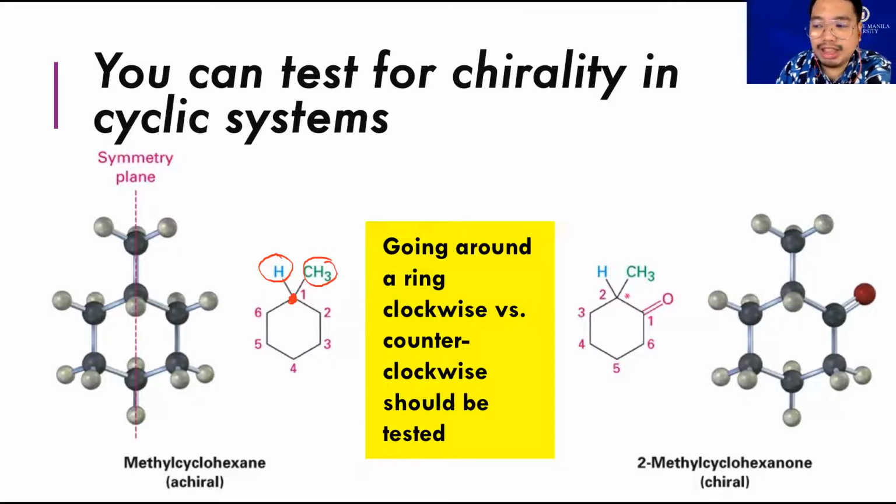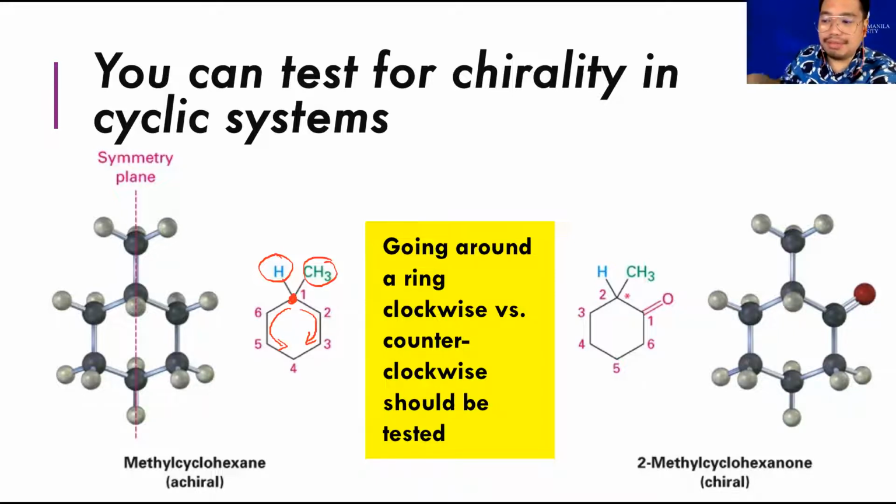How do we look at the ring in terms of looking for symmetry or looking for the different components of a chiral center? And we do so by experiencing the ring in a counterclockwise and a clockwise direction. Okay? So starting from a chiral center, and if it's part of a ring, you have to go around the ring clockwise and counterclockwise.